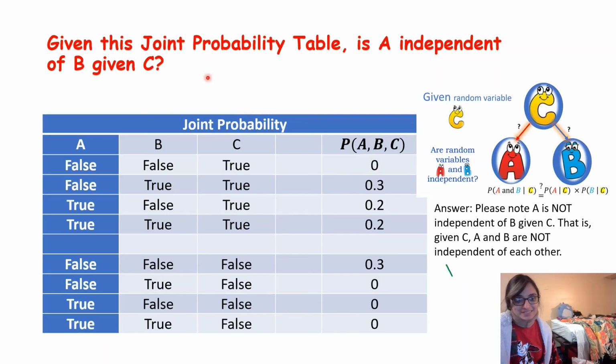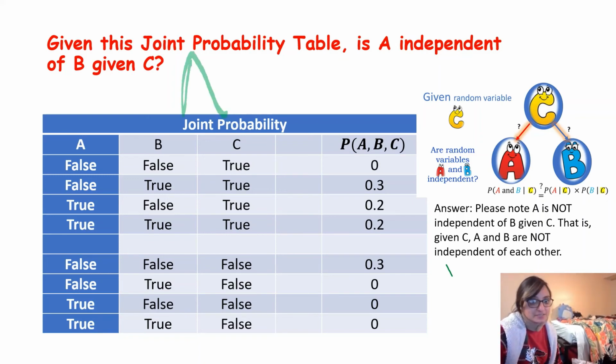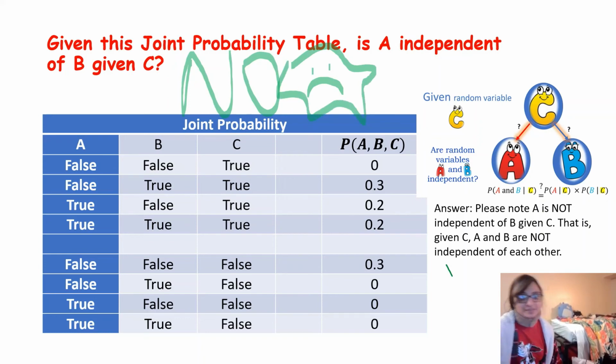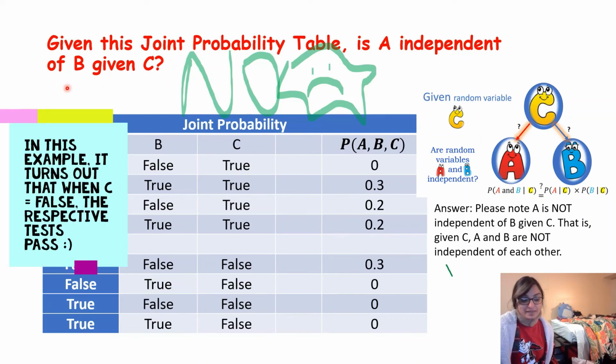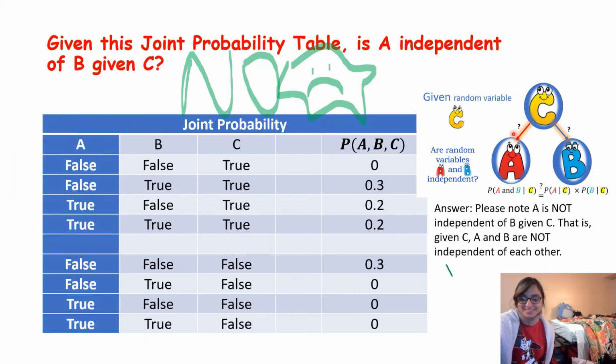If I asked the question, given this joint probability table, is A independent of B given C, the answer is no. A is not independent of B given C. There is at least one situation where that is not the case for one set of values of A, B, and C. But in fact, we found 4 such situations, and those usually center around C being false, as you can see.